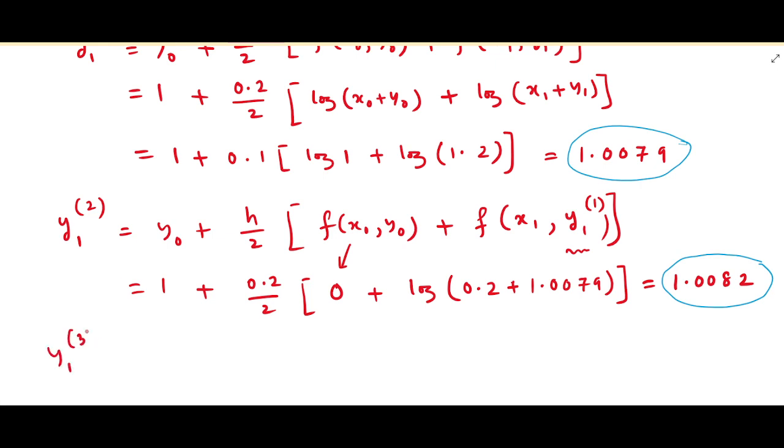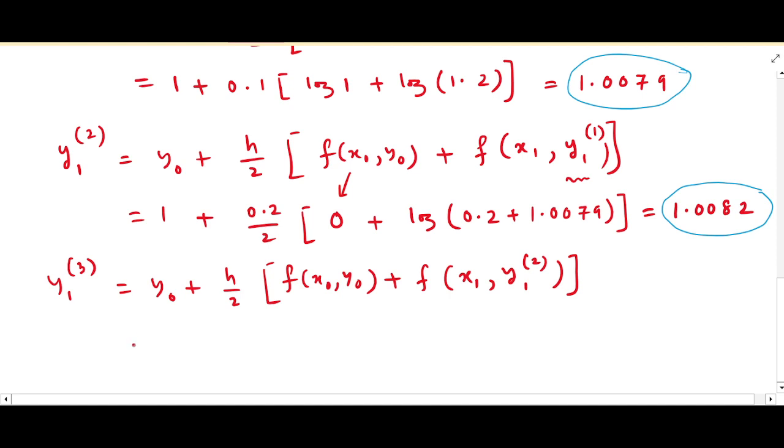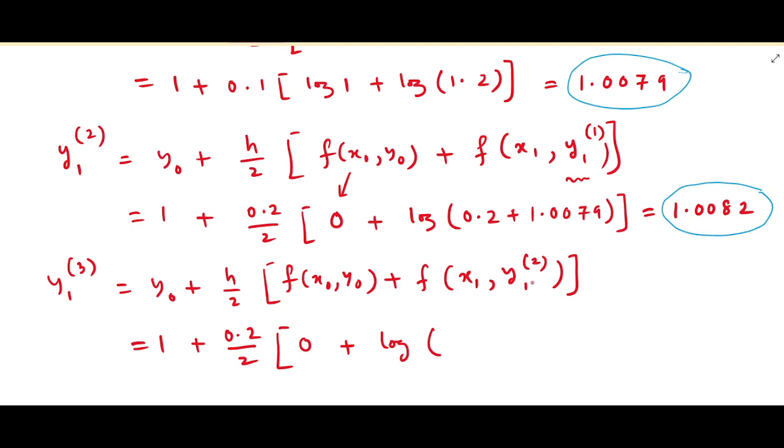So we are going to find y1 to the power 3. The formula is y naught plus h by 2, f of x naught comma y naught plus f of, again it is x1, but it will change. Now it will be y1 to the power 2. So what will be the next step? It's 0.2 by 2, f of x naught comma y naught is again 0, and this will be our log of x1 plus y1 to the power 2.